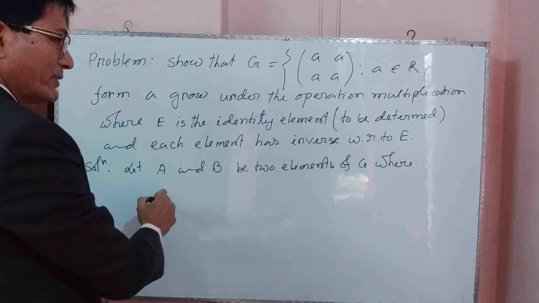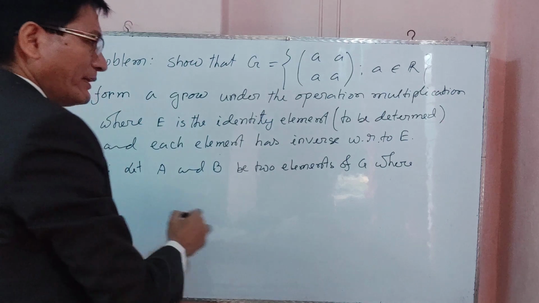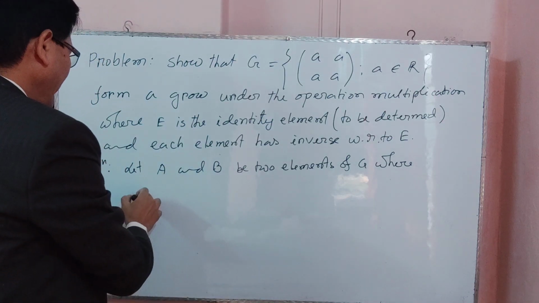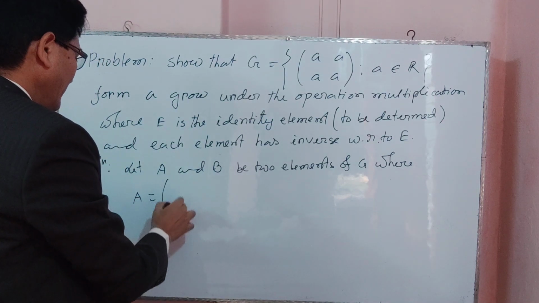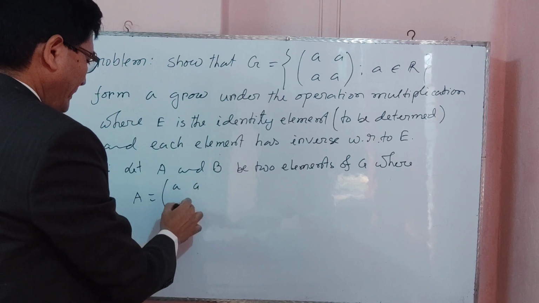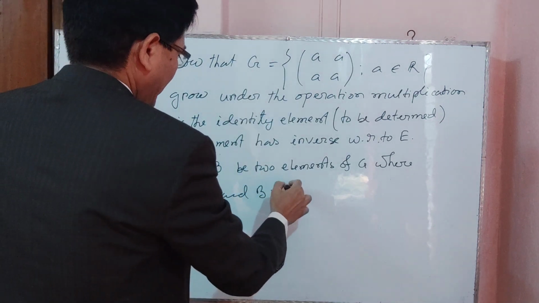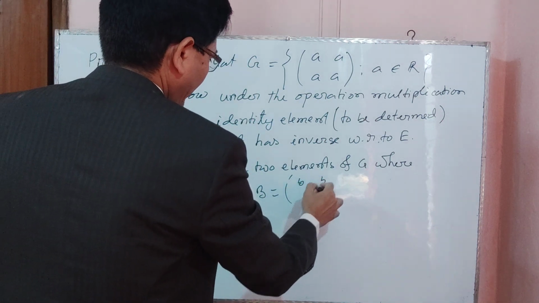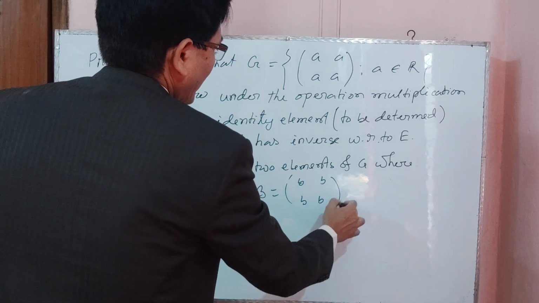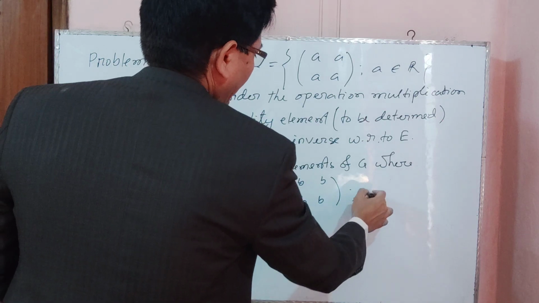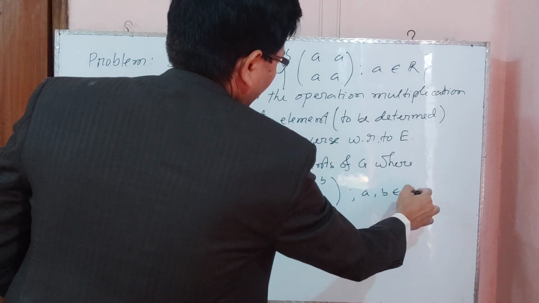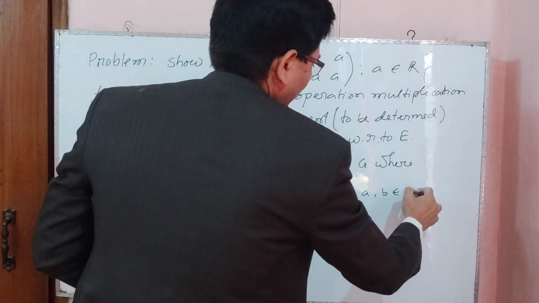So we give the explanation of A and B, where A equals the matrix with all entries a, and B equals the matrix with all entries b. Here a and b stand for real numbers.